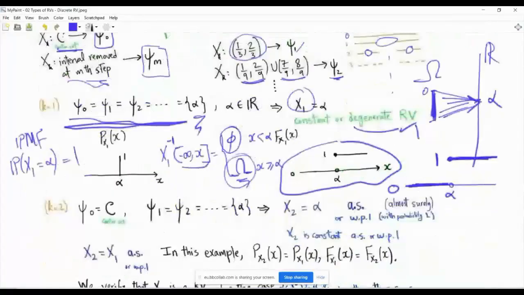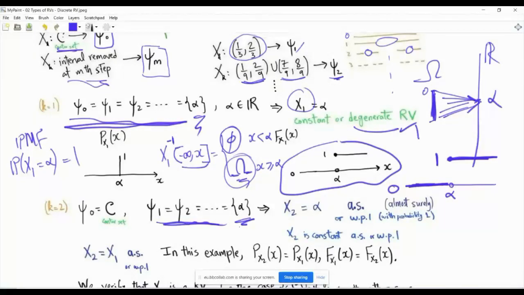Okay, let's now do another assignment. In this assignment, I will assume that psi 1, psi 2, those real numbers, are all equal to alpha. What does this mean?